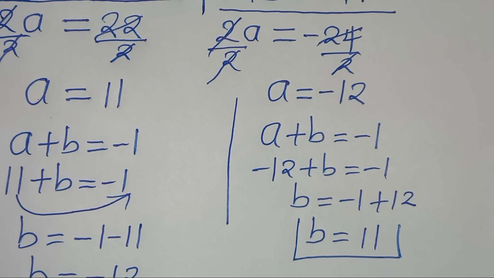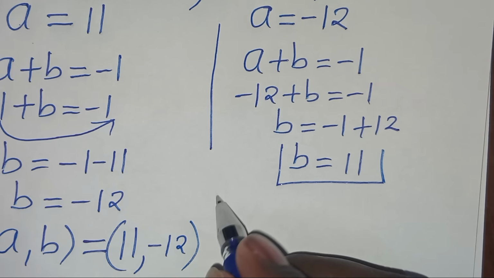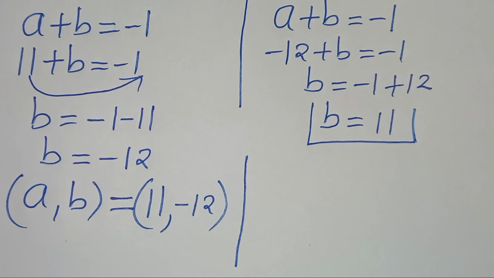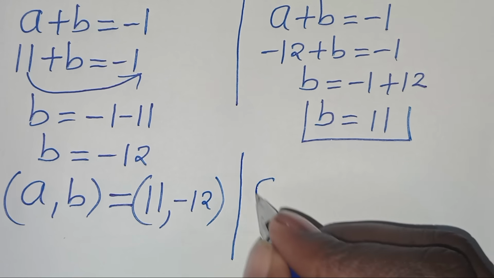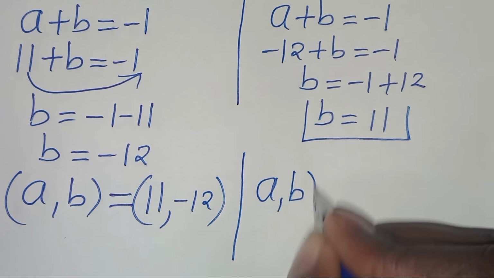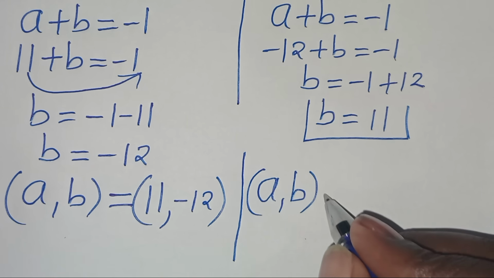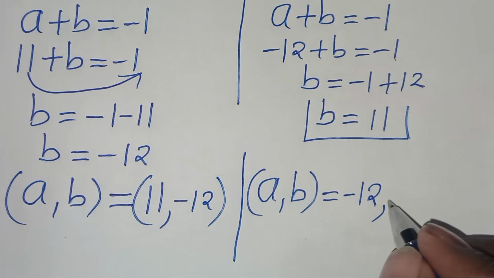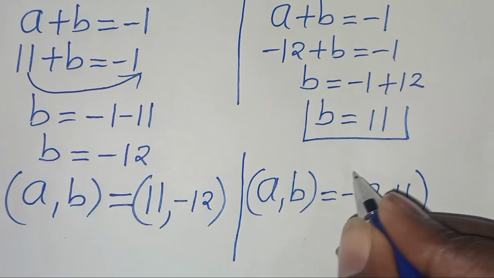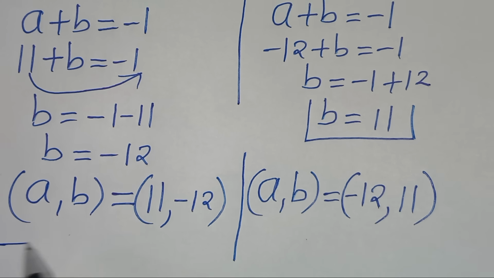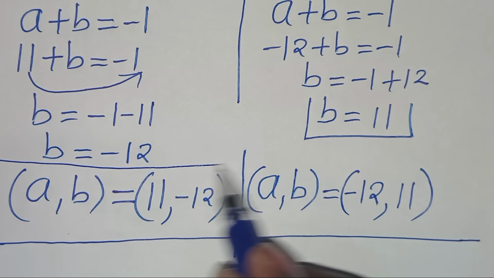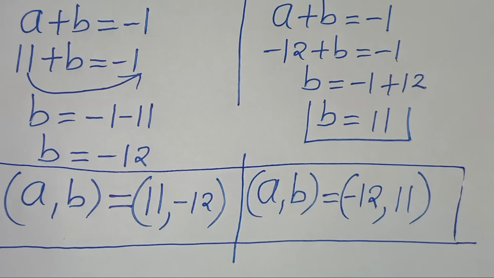So the second set of solution here for a comma b is equal to negative 12 comma 11. So these are the two solutions here for this algebra problem.